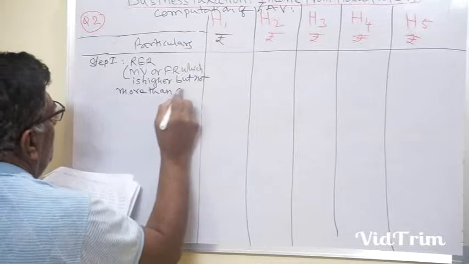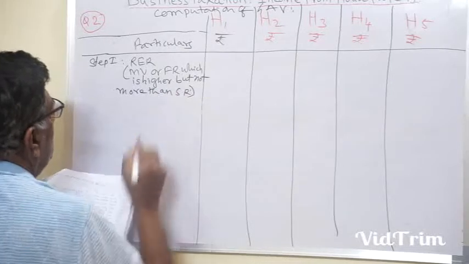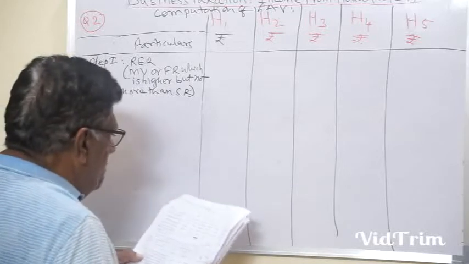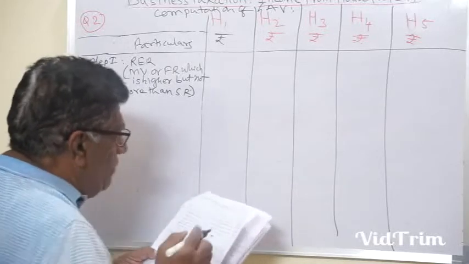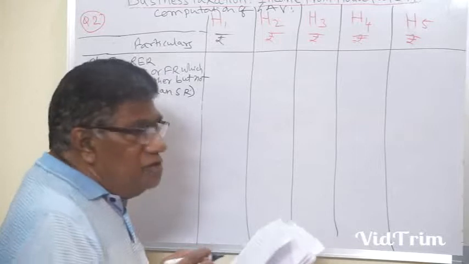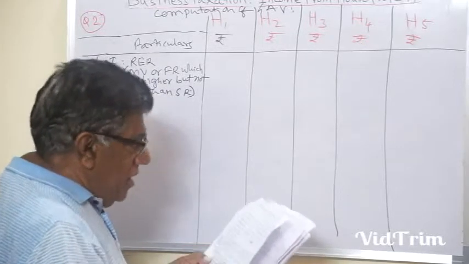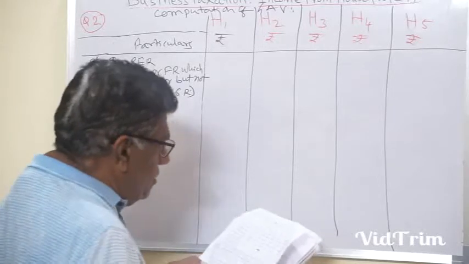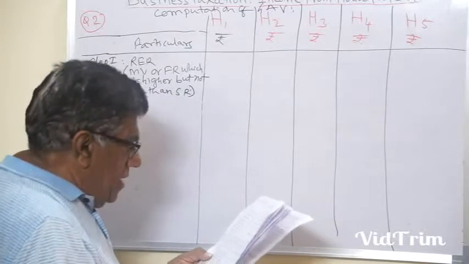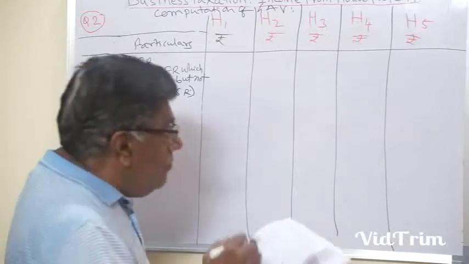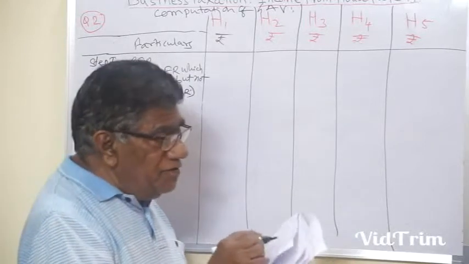standard rent. So here in the problem, house number 1 has 1,05,000 as municipal value for the year. Fair rent is 1,07,000, which is higher. What about the standard rent for property number 1?